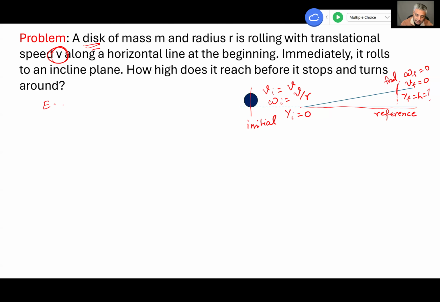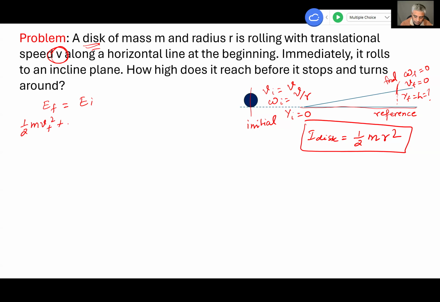So total final energy is total initial energy. And because this is a disk, it has rotational inertia of half M R squared for the disk, right? So that's what we know. So kinetic energy, two kinds of kinetic energy, and one potential energy.